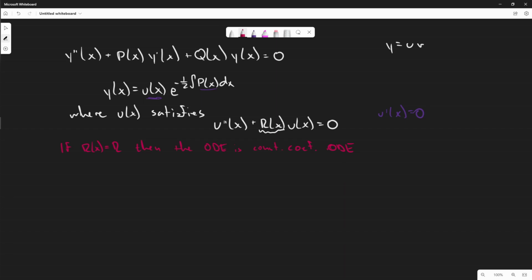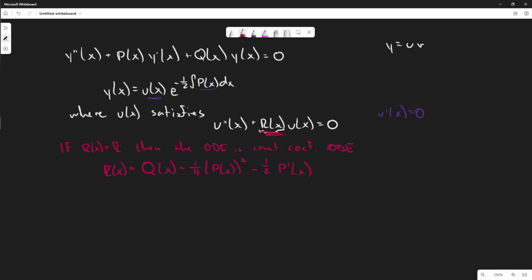So now this begs the question, what is r of x equal to? Well, I'll tell you this. r of x is equal to, this is where it gets annoying, q of x minus 1/4 p of x squared minus 1/2 p prime of x.